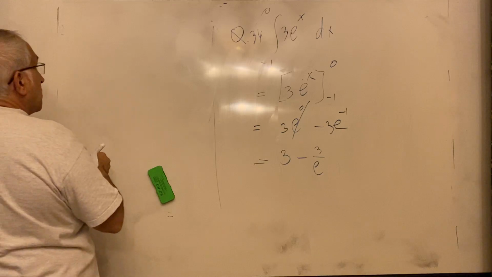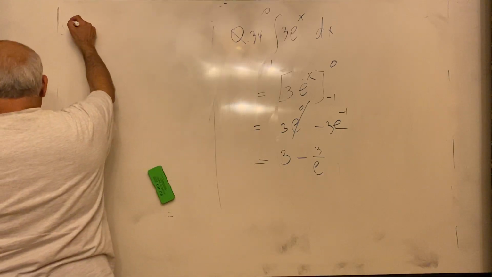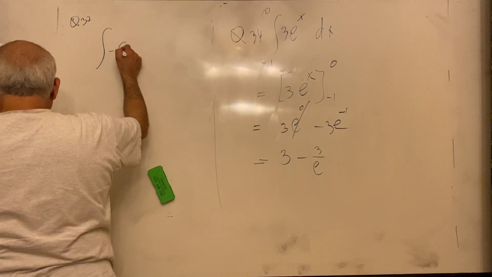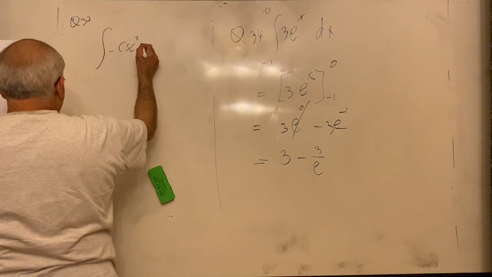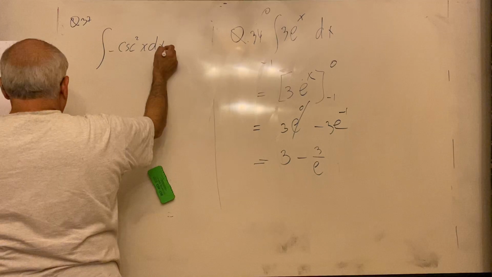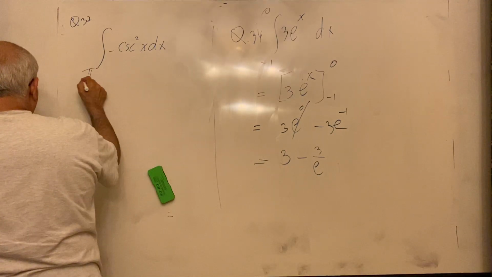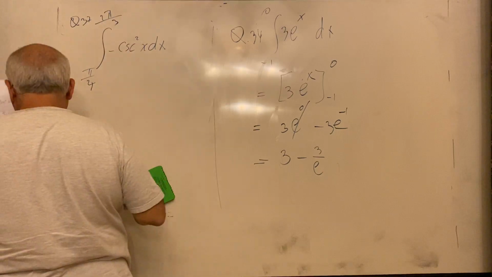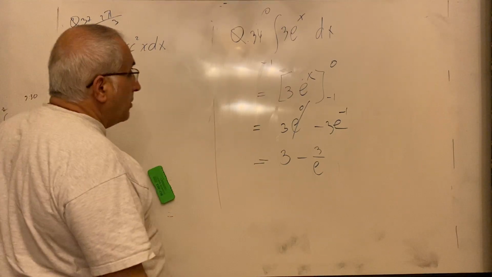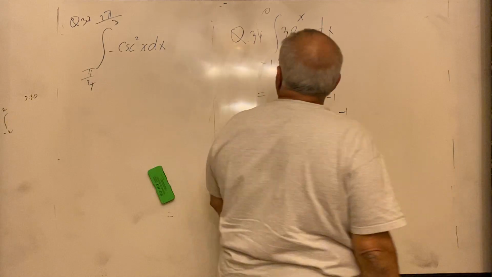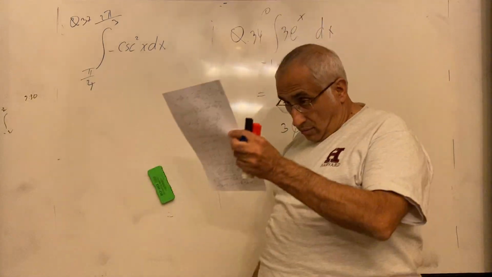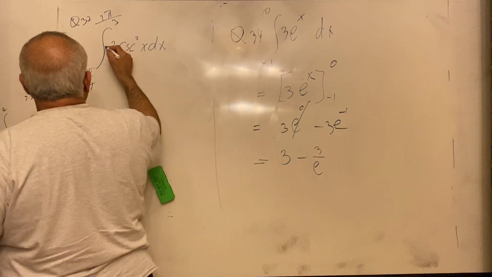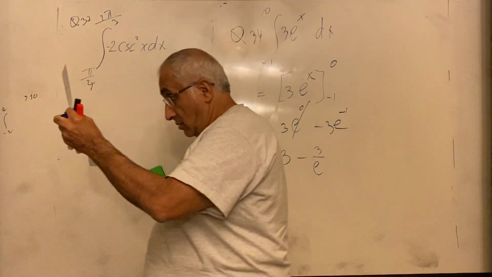Let's do a last question, please. Question number 37. I want to integrate negative 2 cosecant squared x dx from pi over 4 all the way up to 2 pi over 3. How many of you remember the integration of cosecant squared?